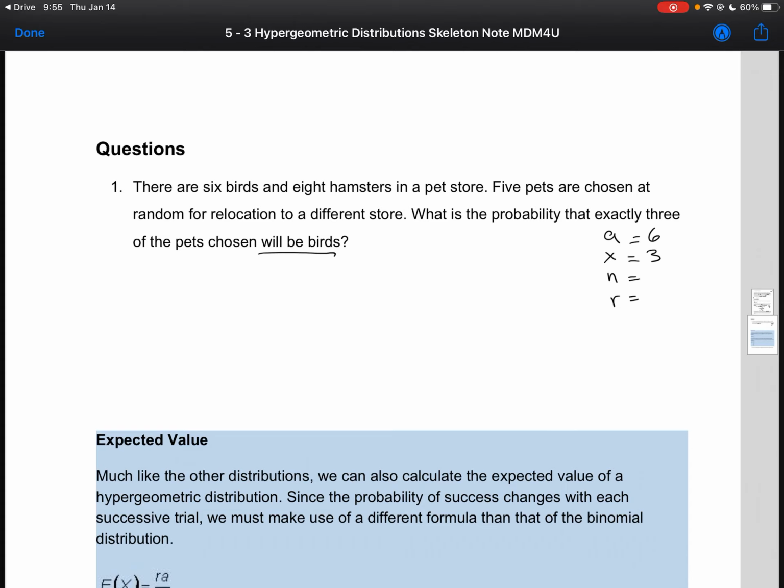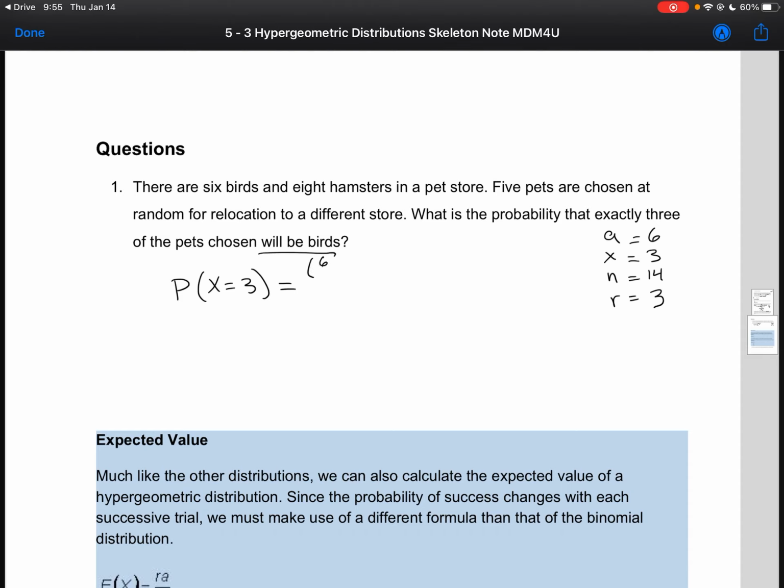My N is going to be the total number of pets that I'm choosing from, which is 14. And my R value is the number of trials or the number of items that I'm choosing. Now that I have those variables defined, I can substitute them into my equation here.